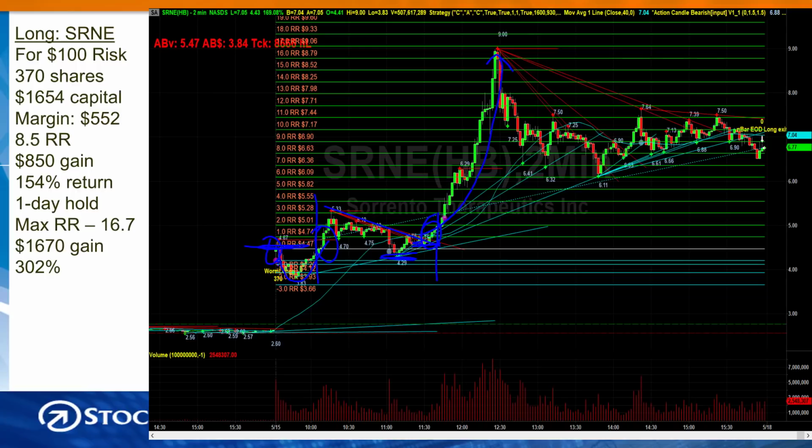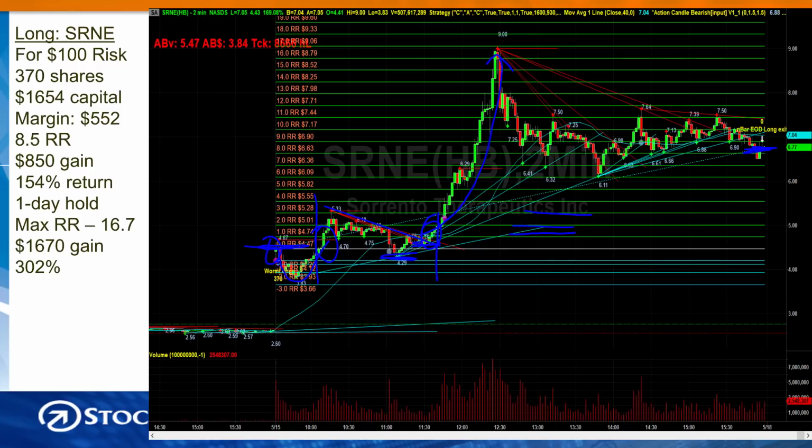The stock ended the day, right here, at an 8.5 RR gain. That's the measure of these lines here. That's what we call reward for risk, which means it made 8.5 times the risk, or $850 for every $100 risked. Well, given that we were risking or putting up $552 of capital, that was a 154% return on a one-day hold.